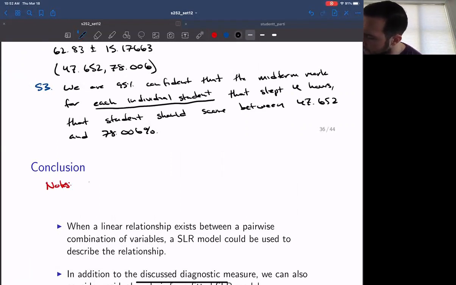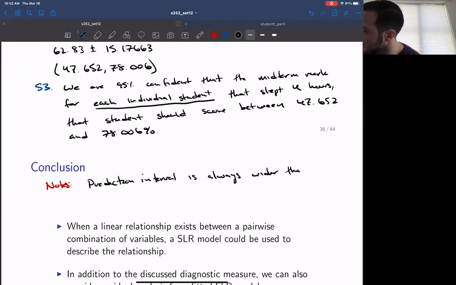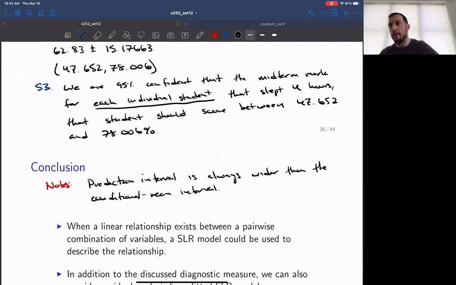The prediction interval is always wider than the conditional mean interval. Okay, so this is something that will come up on the final and in the practice problems. So little trick questions that involve this idea. It's important to keep in mind that the prediction interval will always be wider.